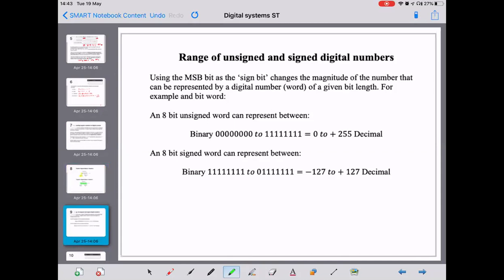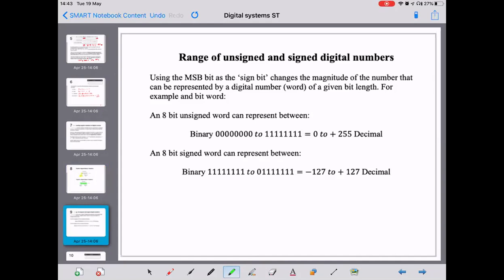So what that means is, if we take an 8-bit unsigned word, it can represent between 8 zeros and 8 ones, which is between 0 and 255 in decimal. If we make that 8-bit word represent a signed number, then it's 11111111.